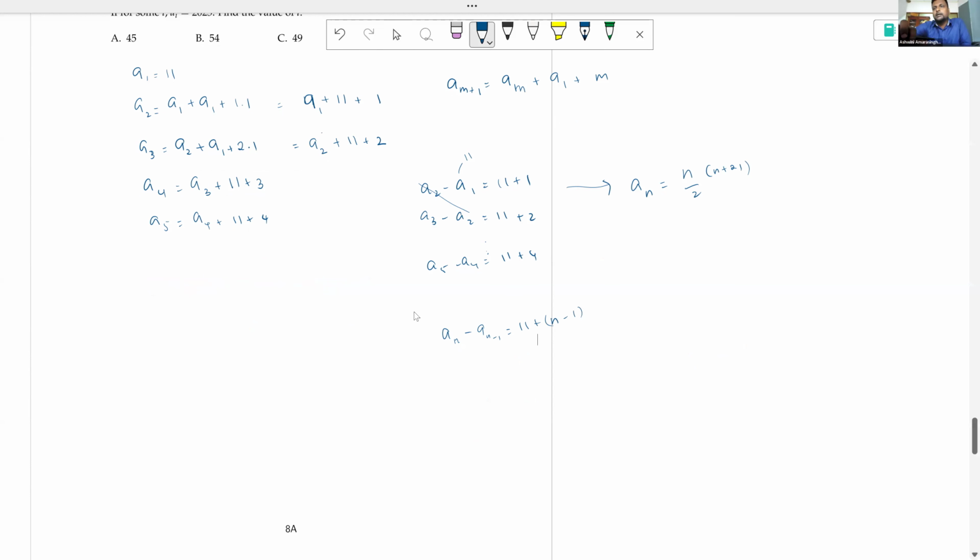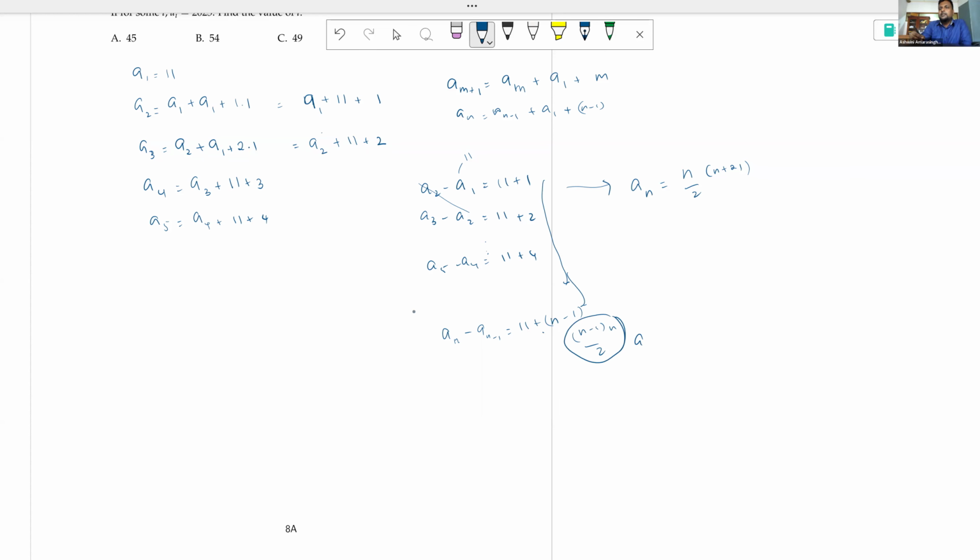Okay, because you get the same thing, An equals A(n minus 1) plus A1 plus n minus 1. And you can see that this part is n minus 1 over 2 times n.